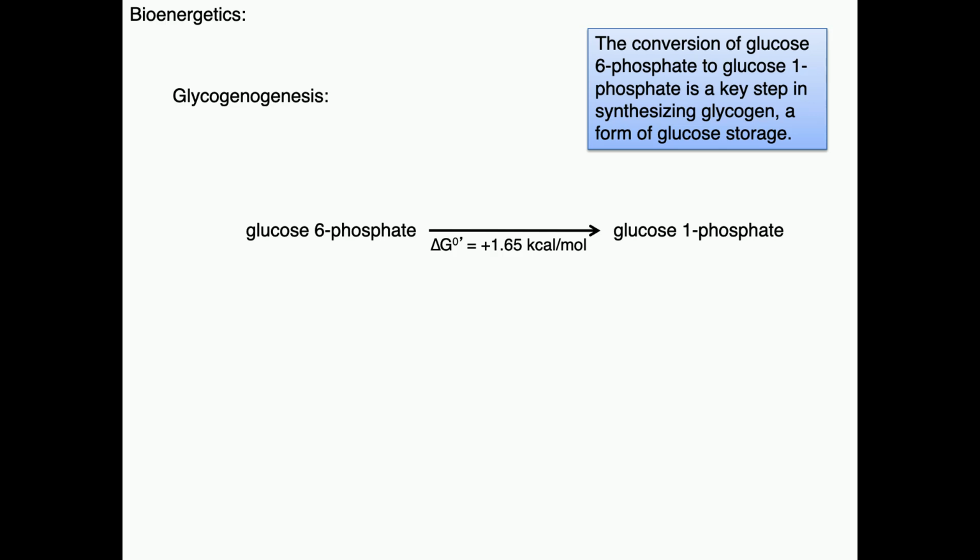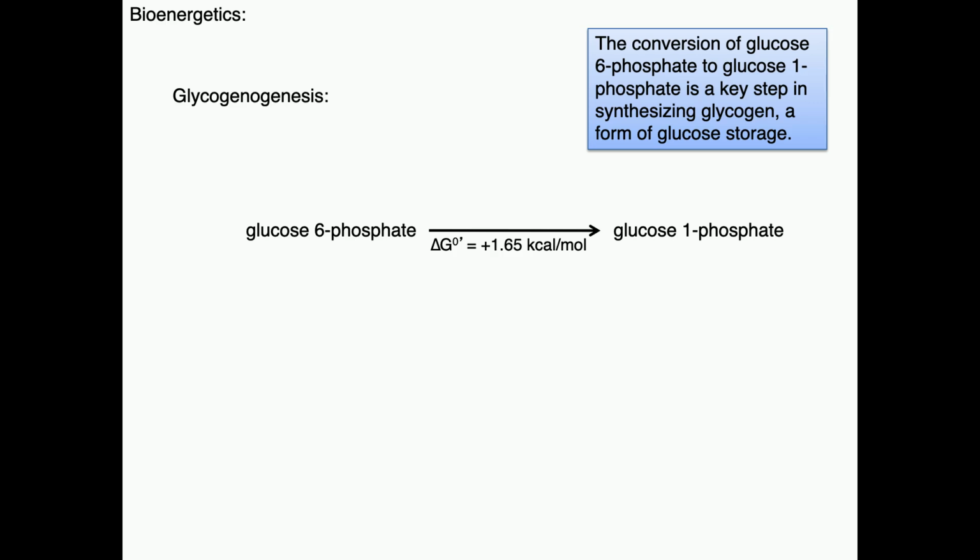Now, the reverse reaction is essential for liberating glucose from that stored glycogen. If we have glycogen over here, in order to use that stored fuel, we have to do the reverse of this reaction to make glucose 6-phosphate, and then glucose 6-phosphate is a glycolytic substrate and can be used to generate ATP. The conversion of glucose 6-phosphate to glucose 1-phosphate has a positive delta G0 prime.